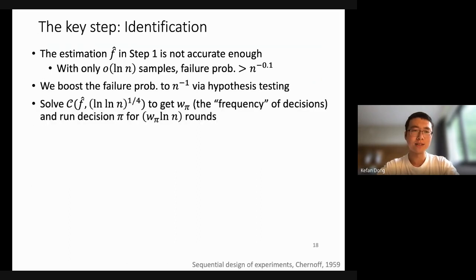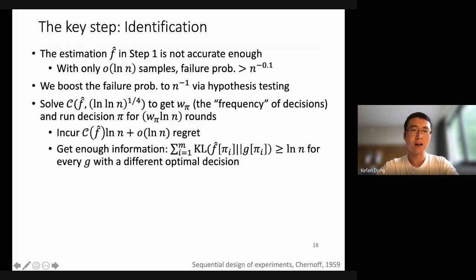We do this by solving the optimization problem C of f hat, log n to the power 1 over 4, to get a frequency of the decisions. And then for each decision pi, we run it for w pi times log n runs. Recall that the second parameter here gives an upper bound on the value of w pi. So in this step, we will incur C of f times log n plus some lower order term regret.